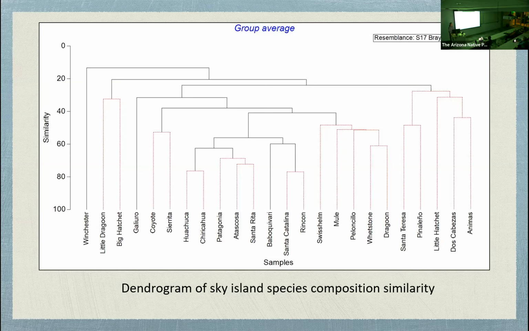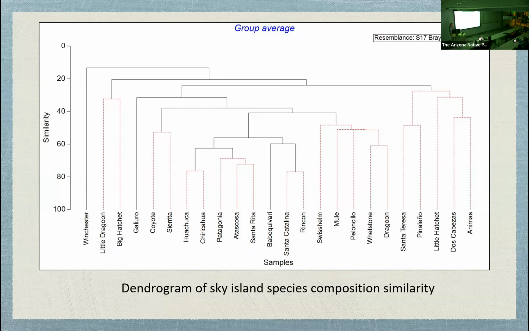This is an interesting dendrogram for anybody that loves phylogenetic trees and sky islands. Basically, this shows all of the sky islands and what their subtropical similarity was. How similar was the composition of subtropical species within each flora?